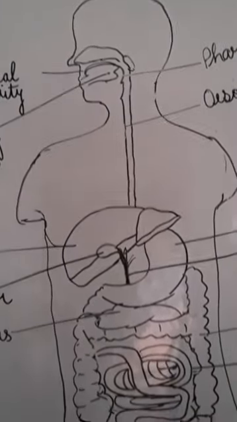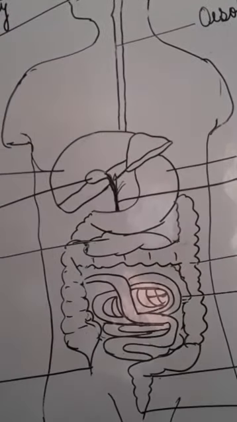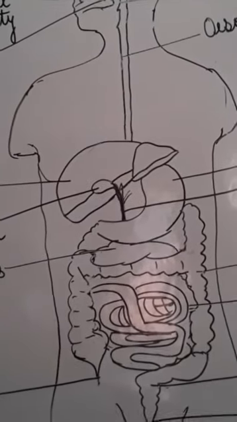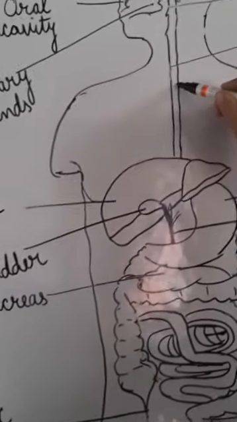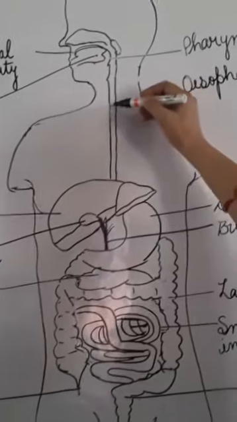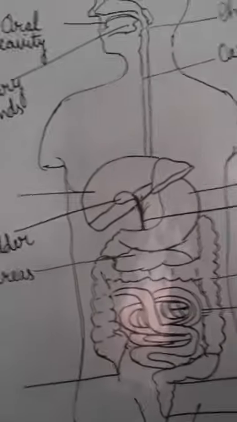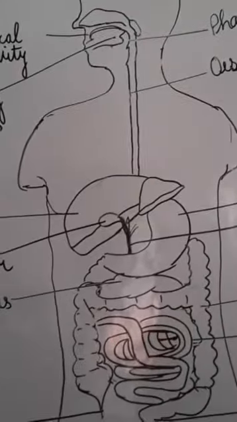So when food passes through the esophagus, which is a tubular structure, the walls of the esophagus show peristaltic movements. And what are peristaltic movements?